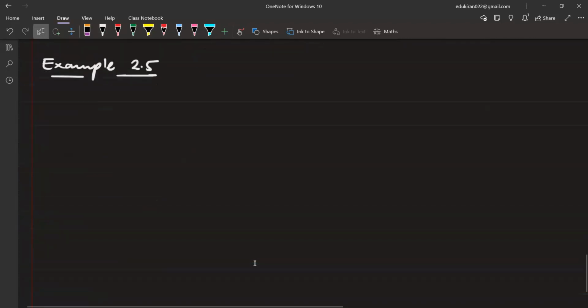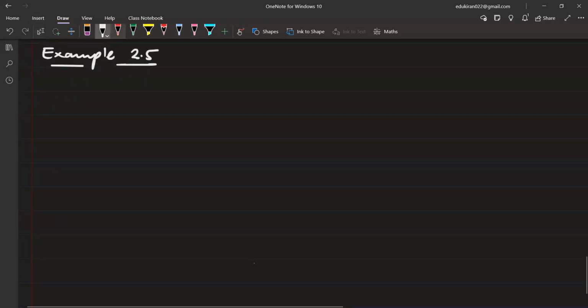Right, next is the relationship between Raoult's law and Henry's law. Raoult's law is a special case of Henry's law. So please write Raoult's law and Henry's law.